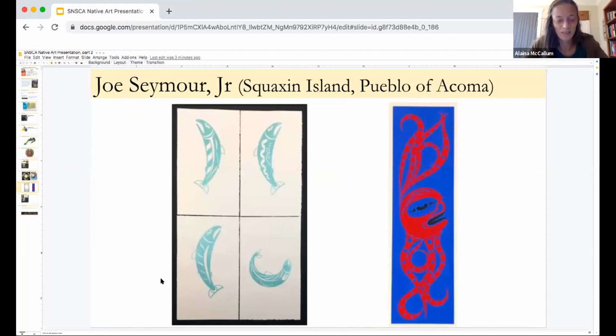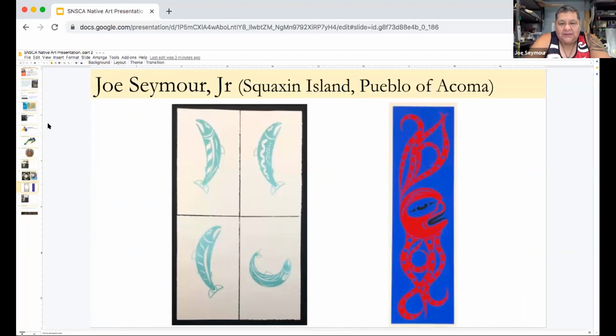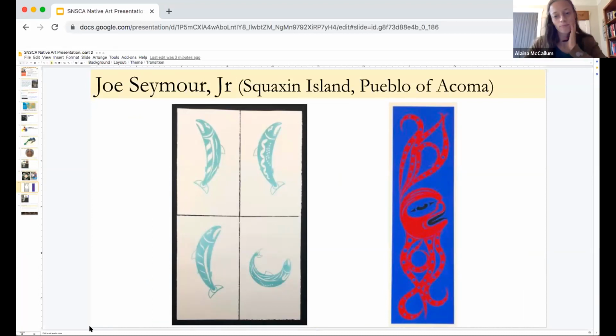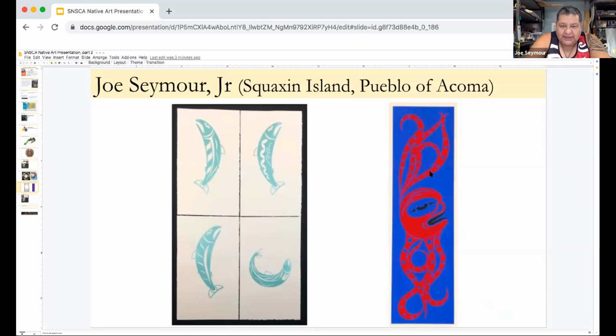The image on the right side of the screen is the giant Pacific octopus, which we call the devilfish here. I don't know the traditional name for the octopus, but that stems from an encounter I had with an octopus about 7 years ago.